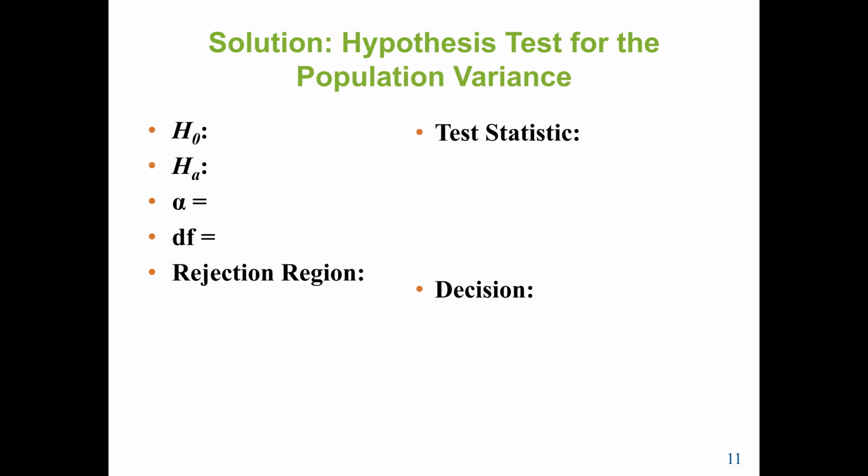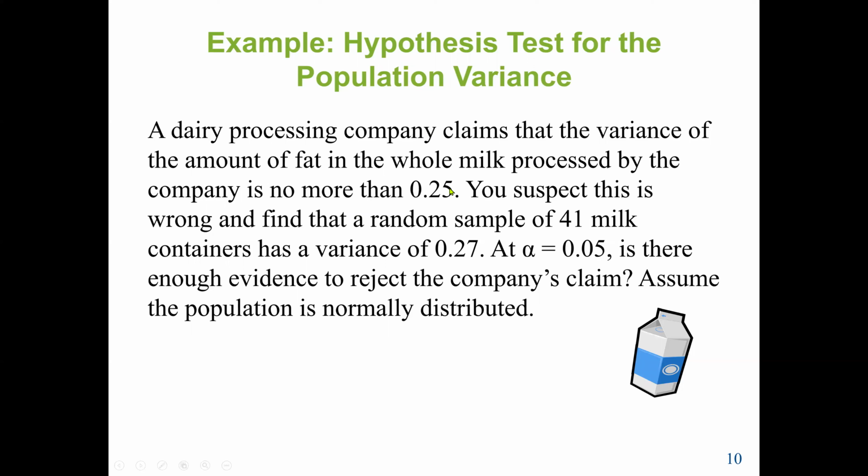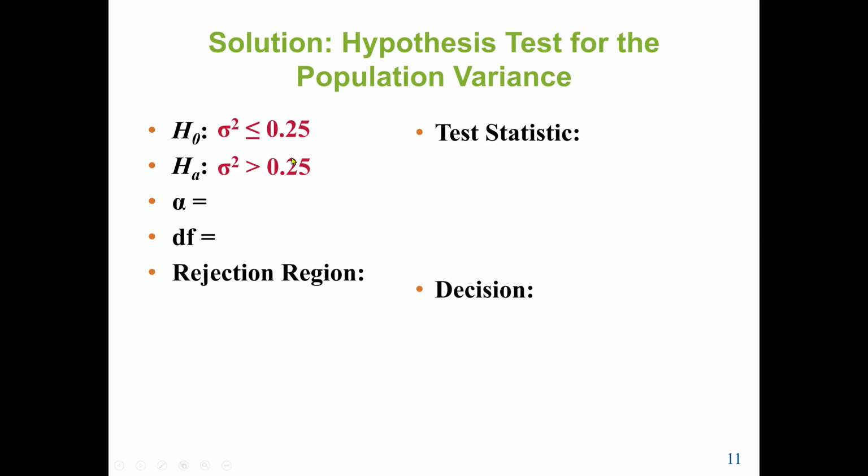Let's go back to the claim. If the company had claimed that the variance is equal to 0.25, we would have a two-way test. But this is a one-way test because it says no more than 0.25. So HA will be more than 0.25, and H0 will be less than or equal to 0.25.